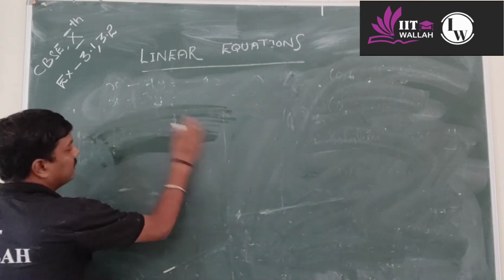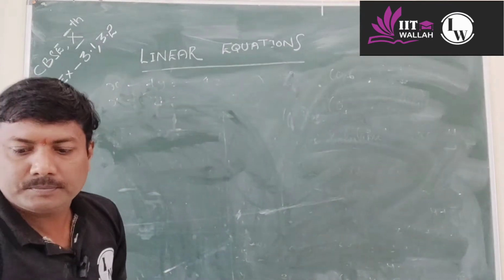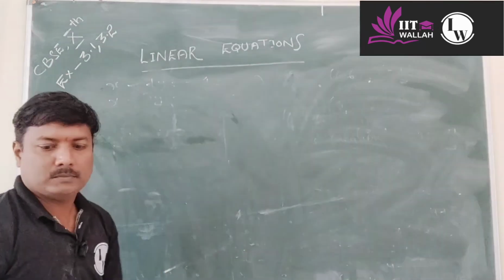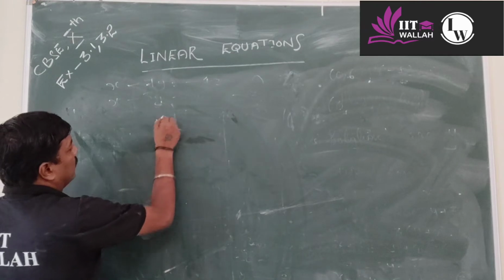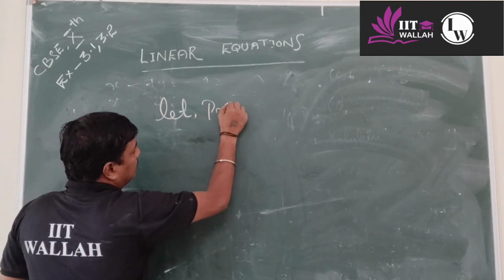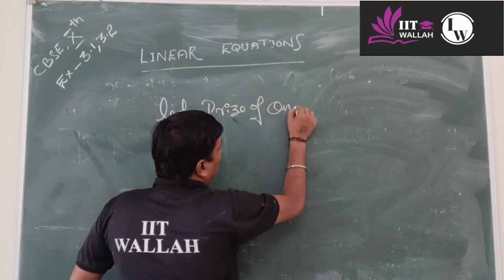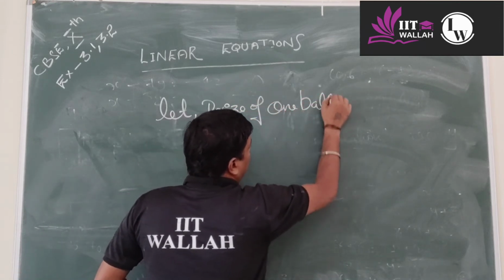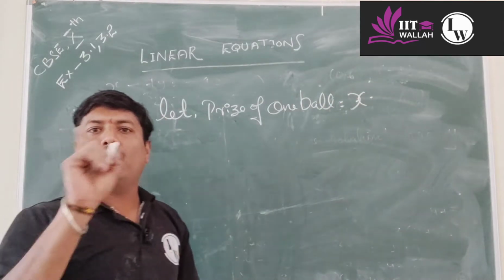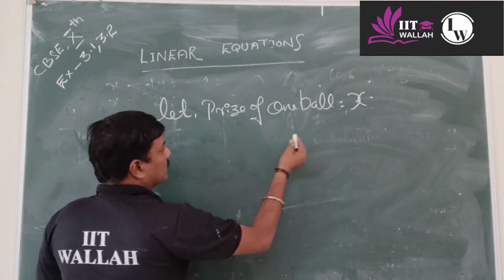So first step is, let the price of one bat be equal to x.